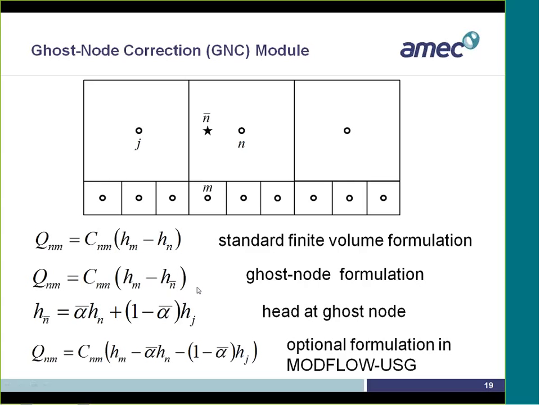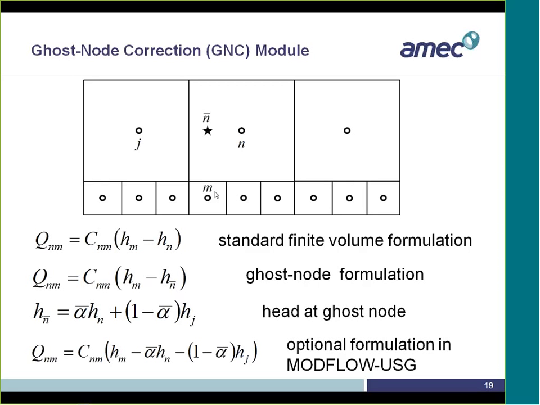And that's what the ghost node formulation is: to use head at N bar instead of N, and the head at N bar can be obtained as a combination of head at N and maybe any of the J's around it in a generalized sense. And then, instead of using head at N, we plug in this head at N bar to give the flux between M and N. So this corrects for the errors that are incurred by the nested grids.